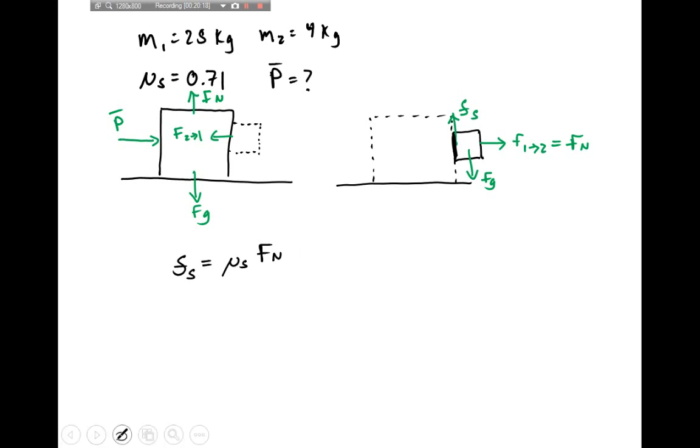So my static frictional force has to be equal to the force due to gravity. And the static frictional force is mu sub s times the normal force, and this is mu sub s times the force that box 1 exerts on box 2.